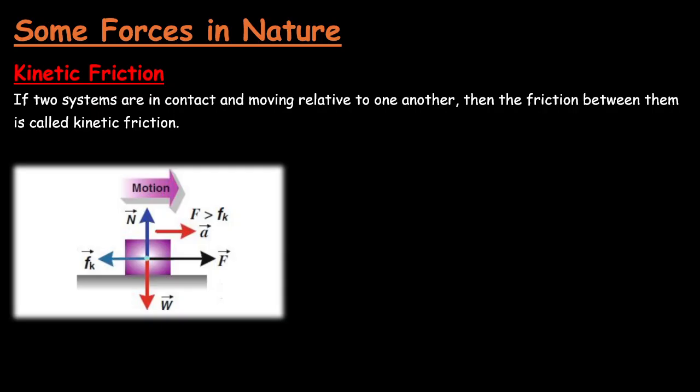Okay, let's move on to another type of friction, which is kinetic friction. If two systems are in contact and are moving relative to one another, then the friction between them is called kinetic friction. Okay, we have a block here. It rests on a rough surface. It has some weight that is acting downward.